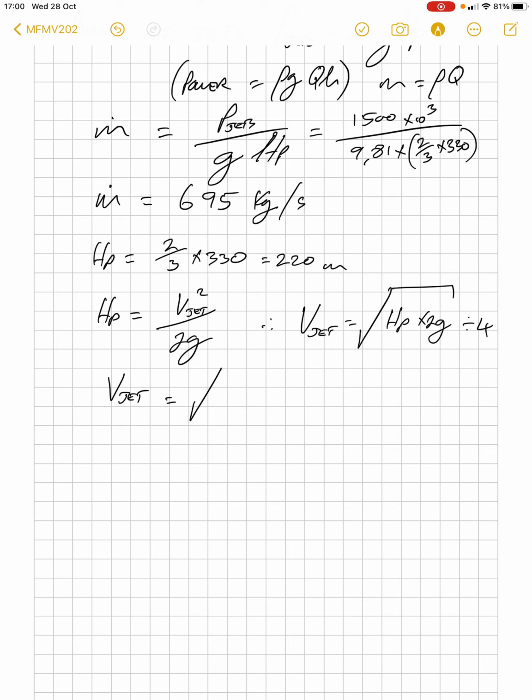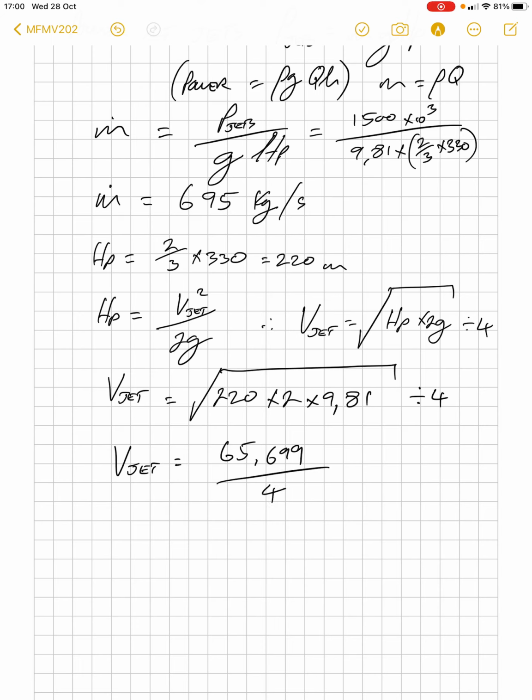Substituting, we get the square root of 220 times 2 times 9.81, and we divide all of that by 4. So velocity of the jet is 65.699 divided by 4, or 16.424 meters per second.